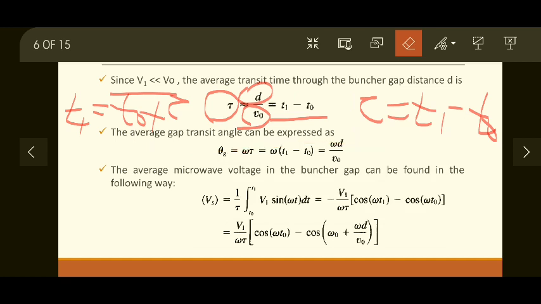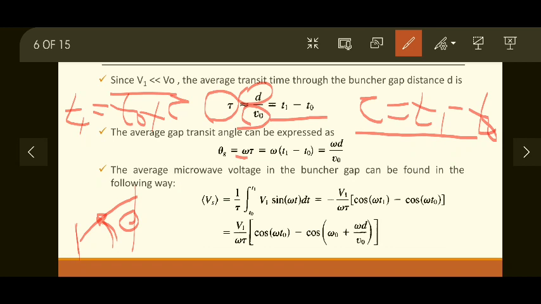The average gap transit angle can be expressed as follows. Gap transit angle means the voltage is changing continuously like this, so there must be some angle associated with it that happens inside the gap. That's why it is the gap transit angle. So the gap transit angle is given by angular velocity into the time for which we are considering this particular change in voltage. So omega into tau. Tau, as we know, is t1 minus t0.